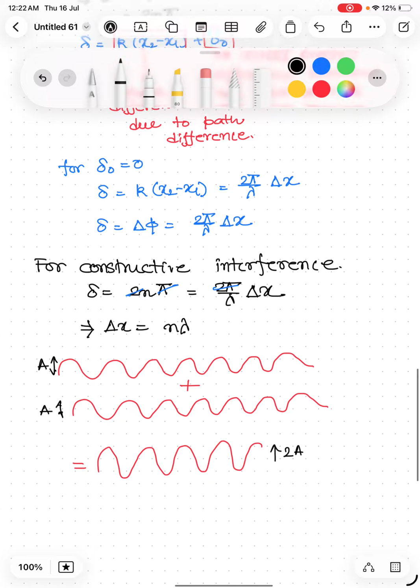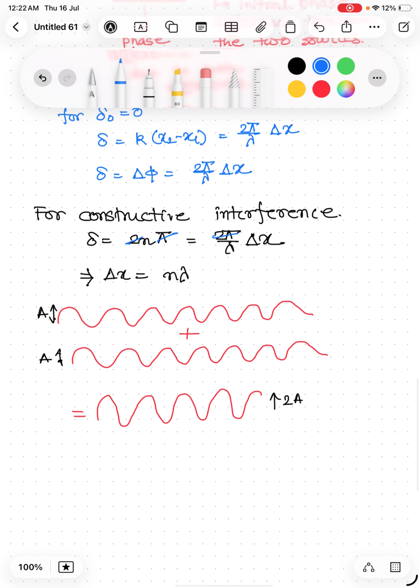And I know that the intensity is proportional to a square. So here the intensity is proportional to 2a whole square, so intensity here is 4a square. If I compare this with this, I can write I equals 4I naught, the fact that we have already derived.